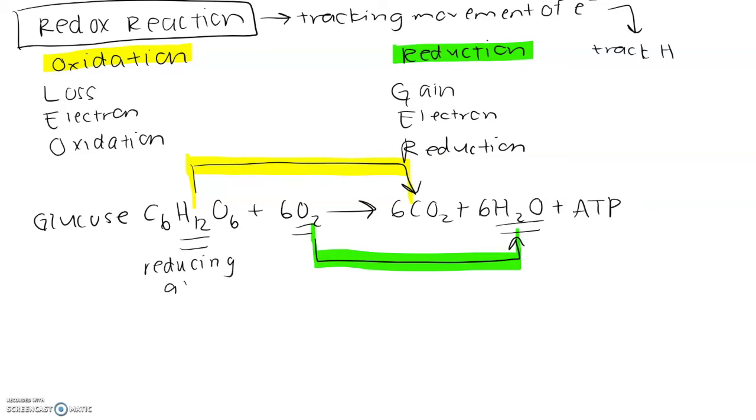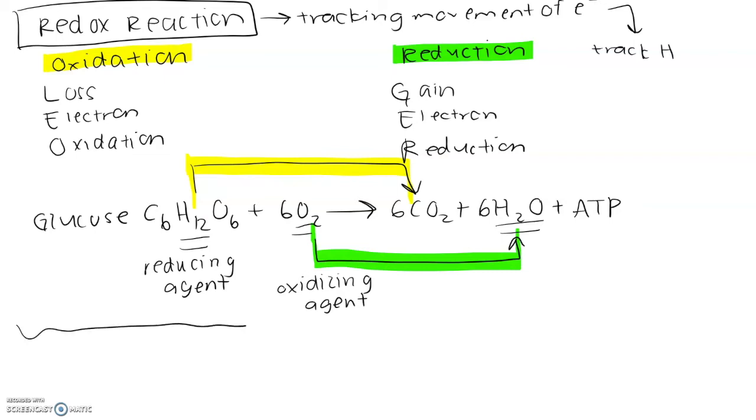In this case, glucose is a reducing agent. It's causing oxygen to be reduced and gain electrons. And oxygen is the oxidizing agent. It is causing glucose to be oxidized and to lose electrons.